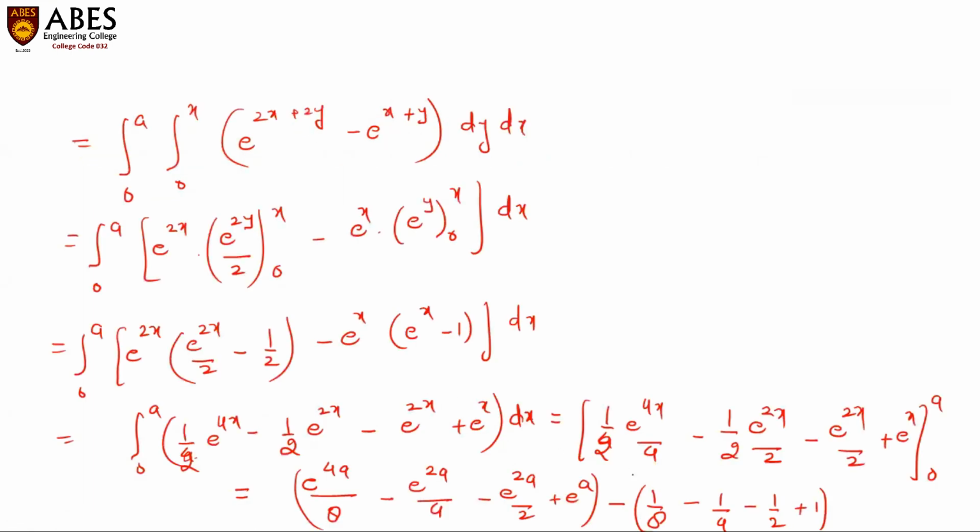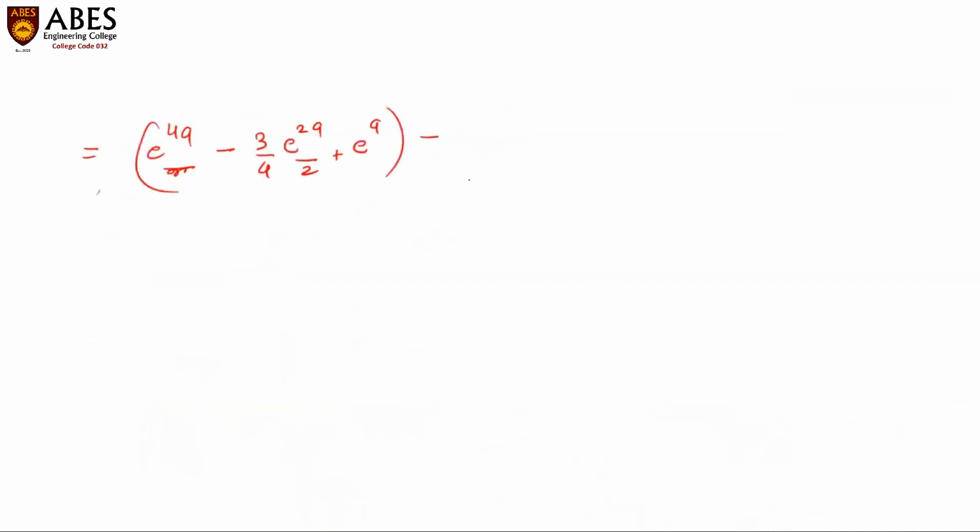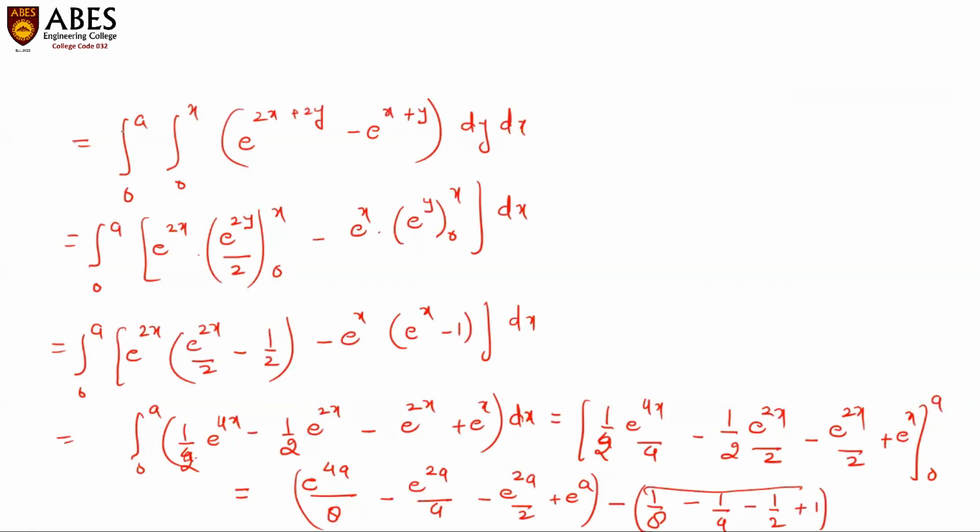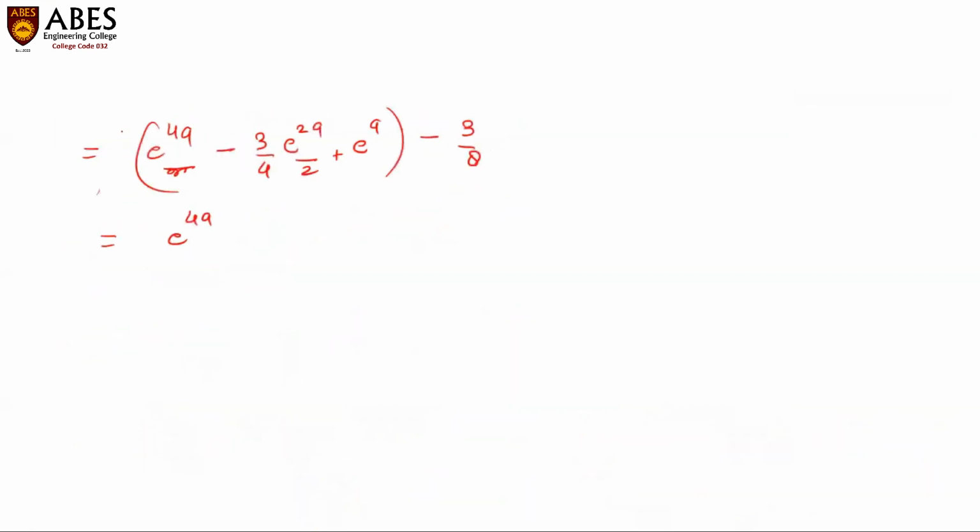And after simplifying all these, we will get minus 3 by 8. So the value of this integral is e to the power 4a by 8 minus 3 by 4 e to the power 2a plus e to the power a minus 3 by 8. So this is the value of the required integral.